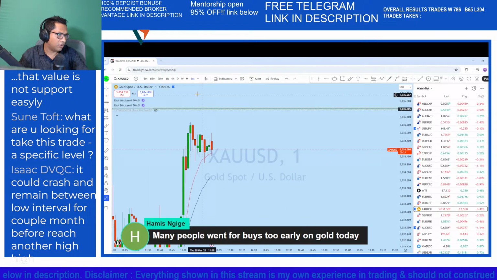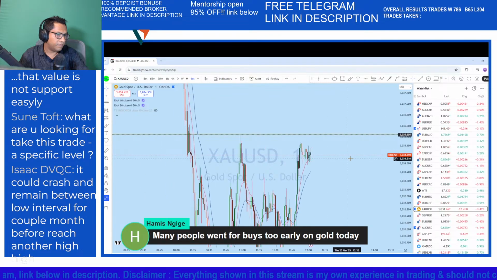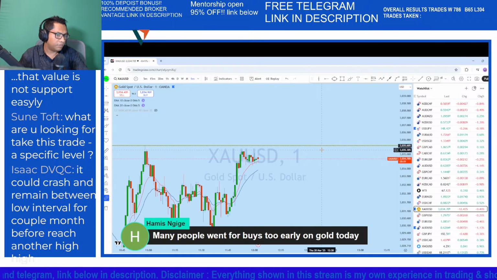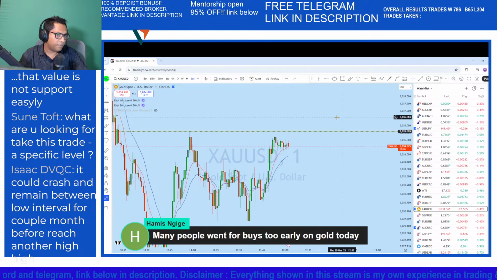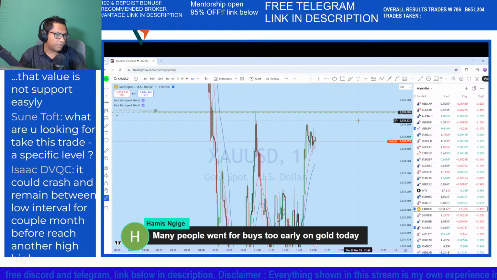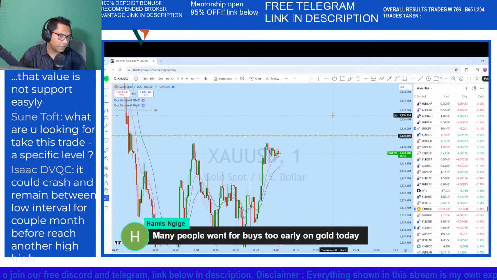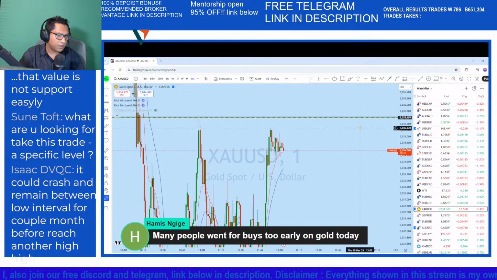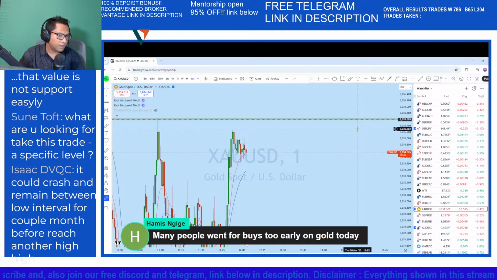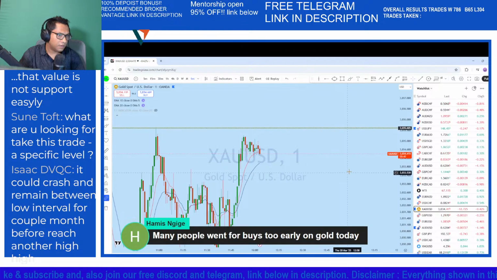In that zone on XAUSD, you can see a narrow zone, and we're expecting it to potentially retest and then return.